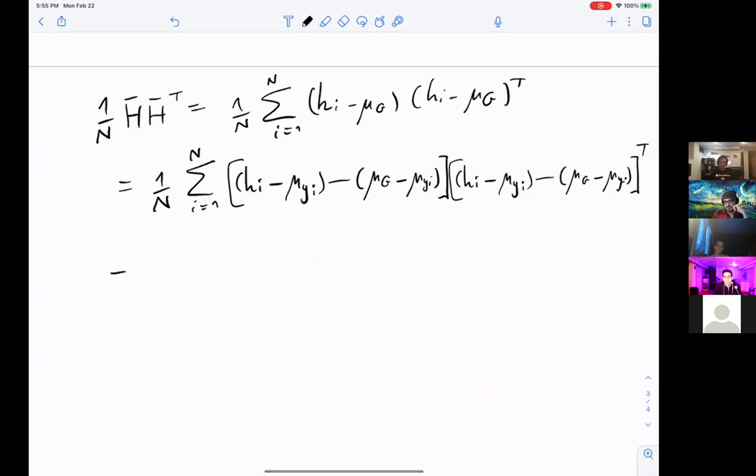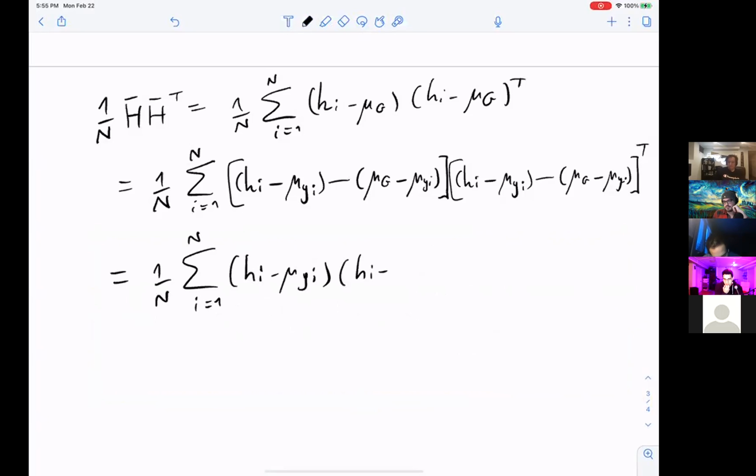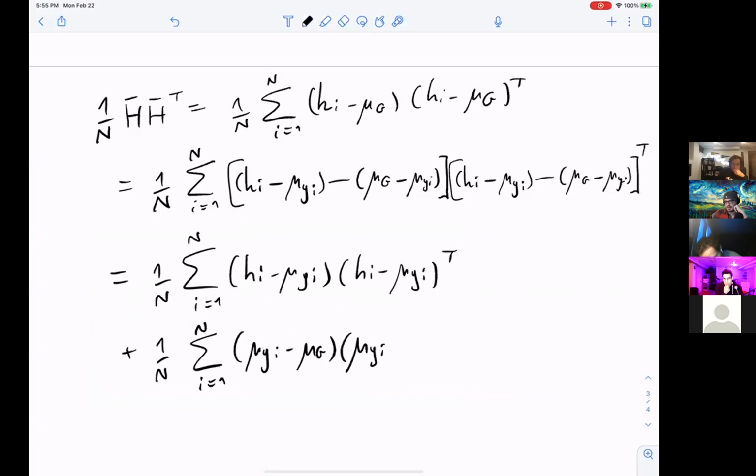Now, at this point, what I'm gonna do is just decompose this into 3 sums. So the first sum is hi minus mu yi, hi minus mu yi transpose. The second sum is going to be sum from 1 to capital N of mu yi minus mu g, mu yi minus mu g transpose.